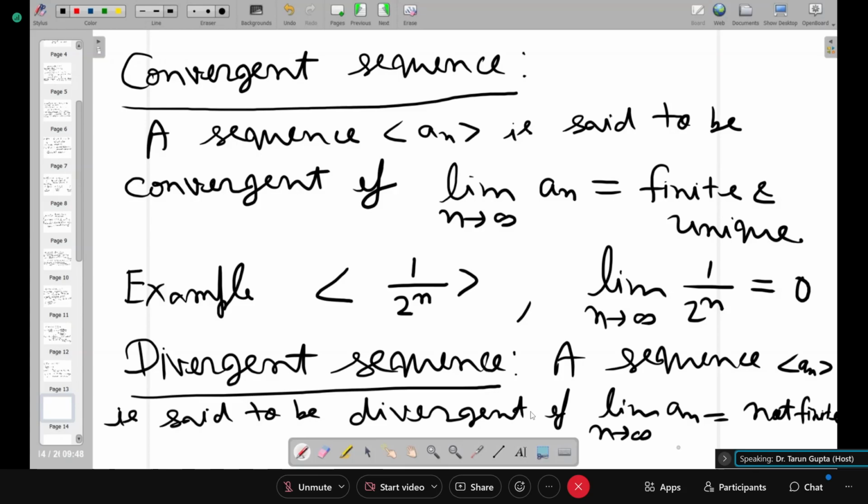Not finite means either you are getting infinite or minus infinite. Then that sequence is a divergent sequence.